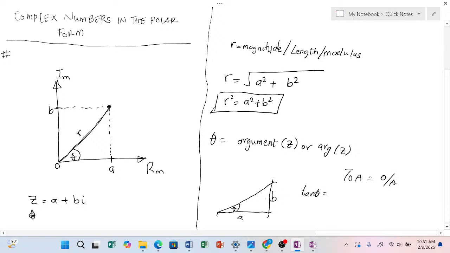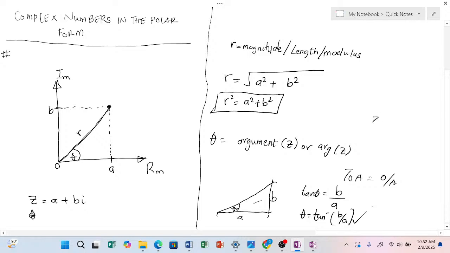And what is my opposite? The face that is facing the angle. So that will be b over a. So if I want the angle, it is tan inverse of b over a.